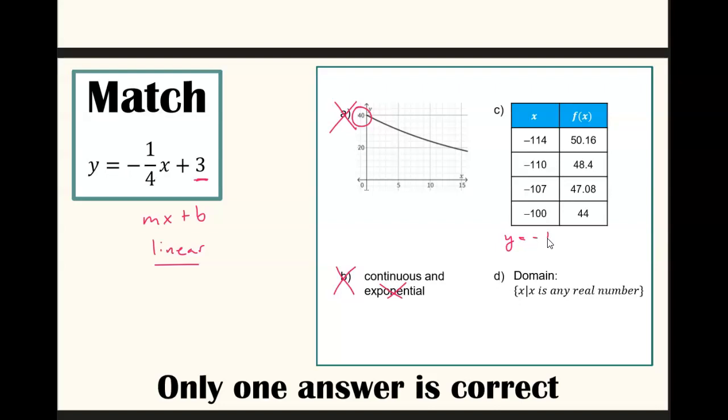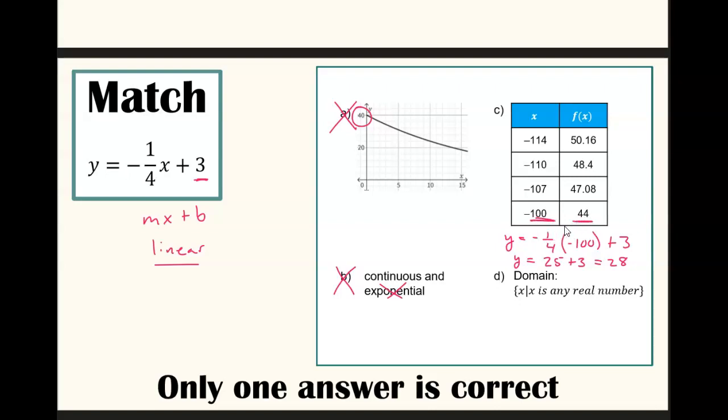So negative 1/4, our x value is negative 100, times negative 100 plus 3. And we'd get y equals, this is going to be positive 25 because a negative times a negative is a positive. 1/4 times 100 is 25 plus 3. Y equals 28.